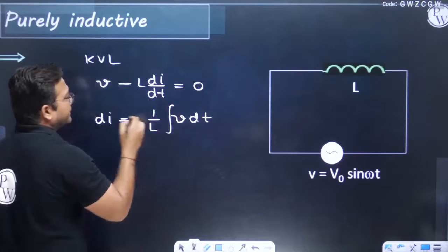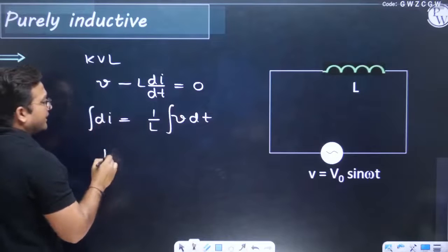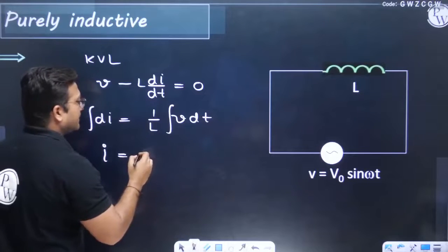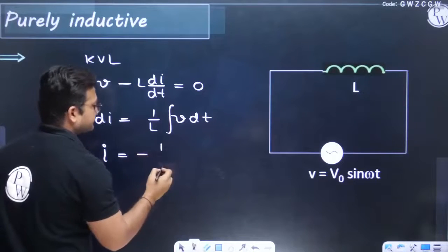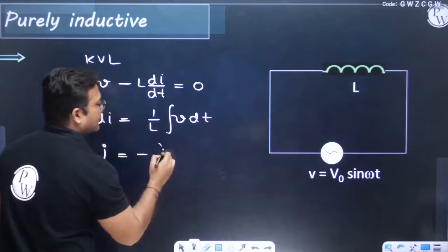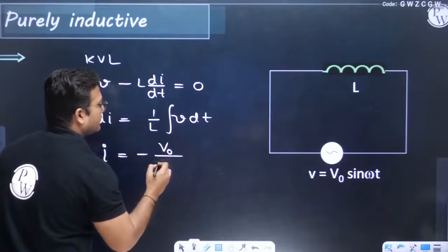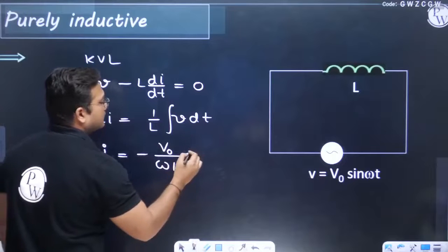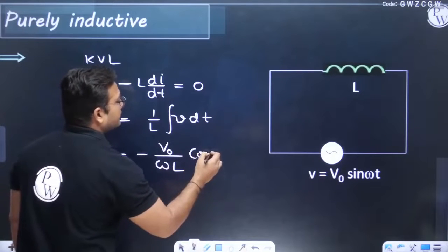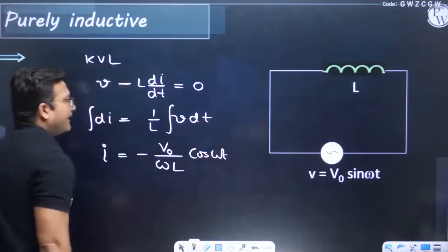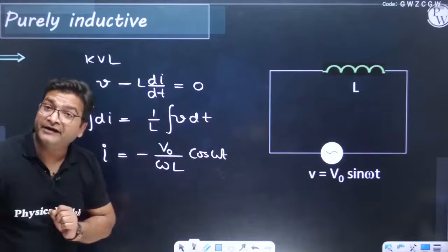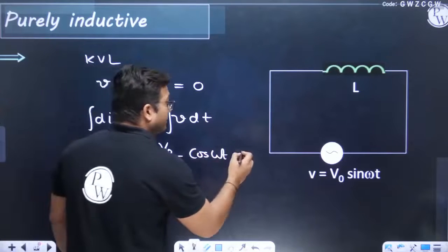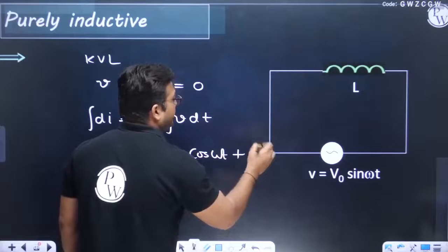If you integrate this, you will get current as minus V naught by omega L cos omega t, and as it is an indefinite integration, we can add a constant, say k.